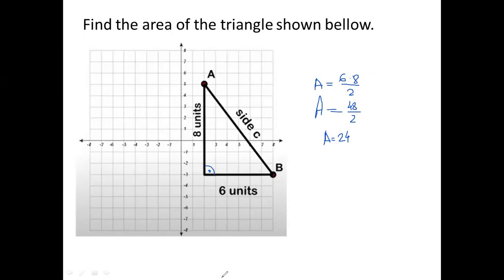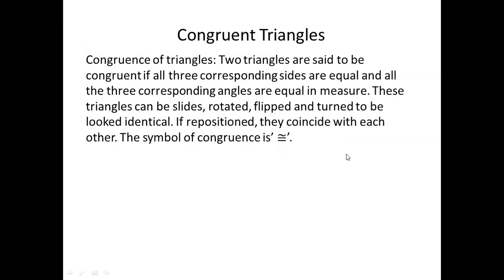now we have congruent triangles. Congruency of triangles. Two triangles are said to be congruent if all 3 corresponding sides are equal and all 3 corresponding angles are equal in measure.